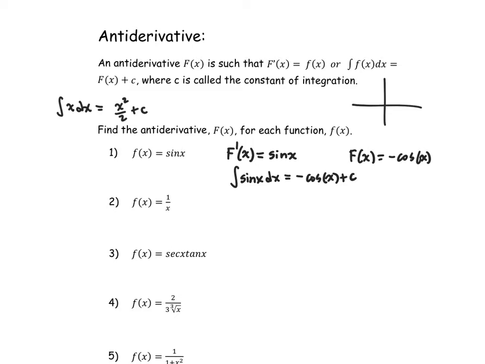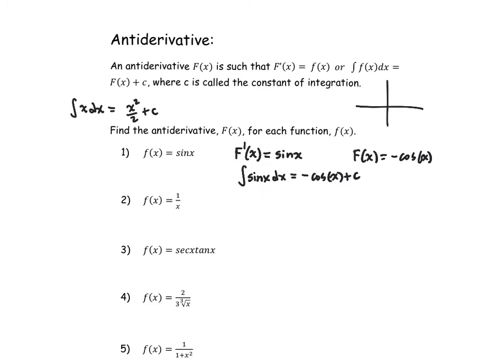Well, what would x squared over 2 plus 0 look like? Well, it would look kind of like this. How about x squared over 2 plus 1? It would look kind of like that. x squared over 2 minus 3? Well, it would kind of look like that. Now look at the slopes for each of those functions at 0. They're all 0. How about the slopes for each of the functions at this x value, whatever that might be?